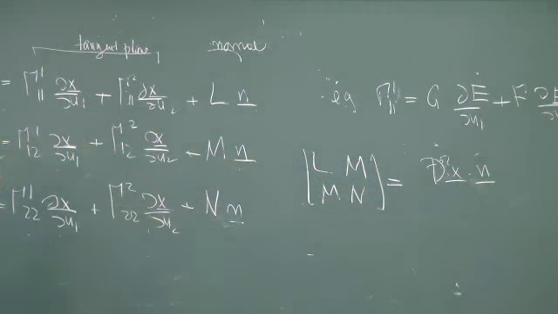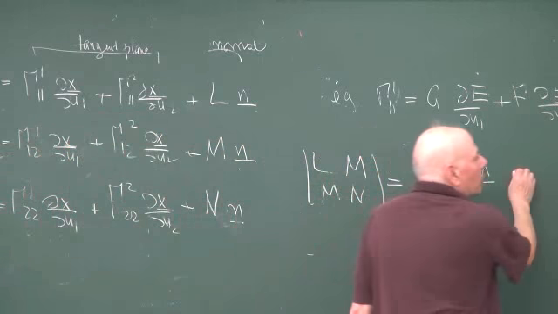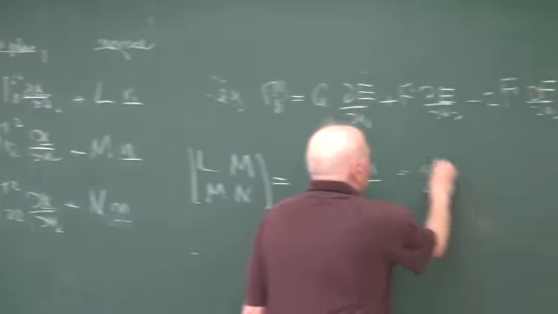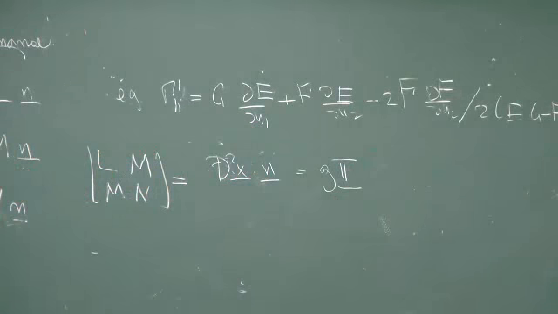Just dot to both sides. Okay, but we knew this is equal to G pi, by definition. Now, so far so good.